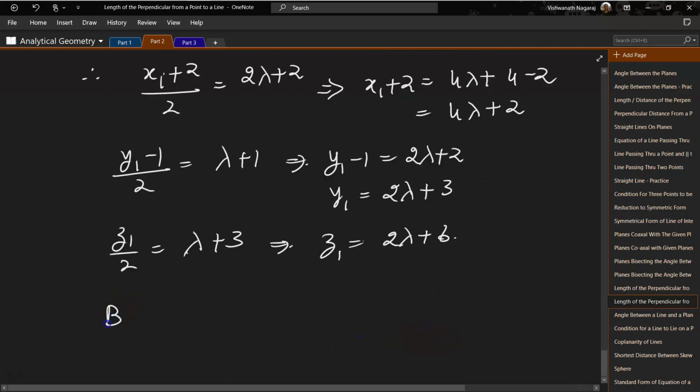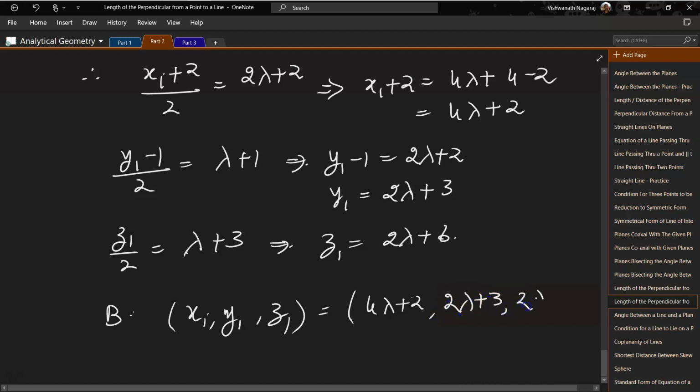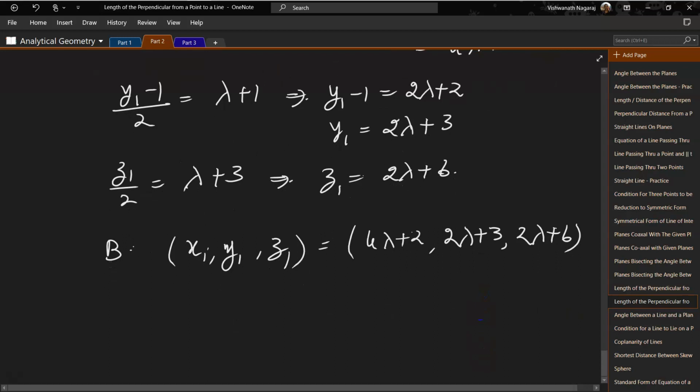So B is (4 lambda plus 2, 2 lambda plus 3, 2 lambda plus 6), right?